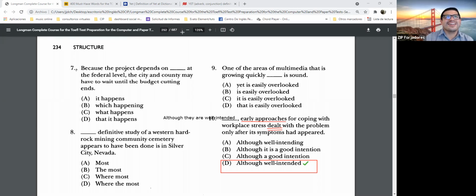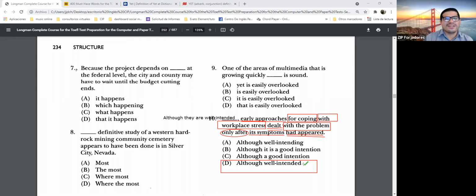Only after is another connector, and its symptoms is the subject, and had appeared is the action. And all the other stuff is just prepositional phrases: with workplace stress, with the problem, only after, connector. And that's it.